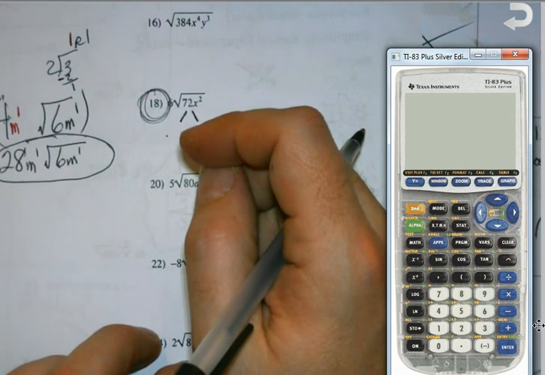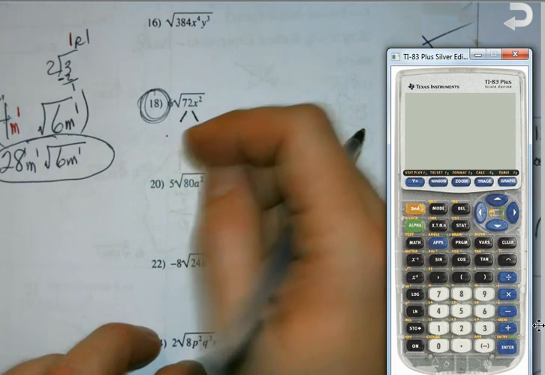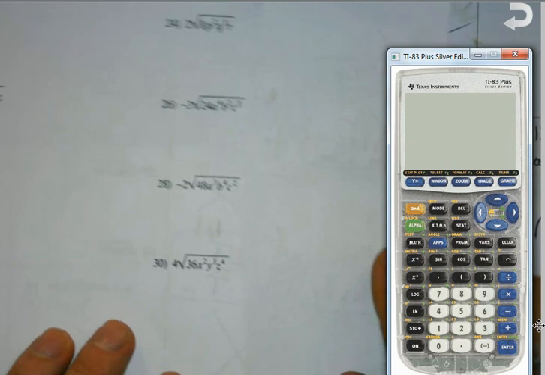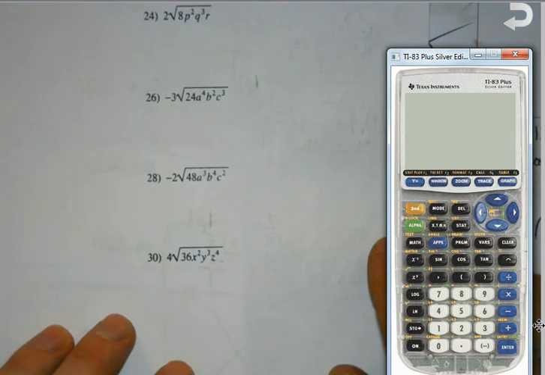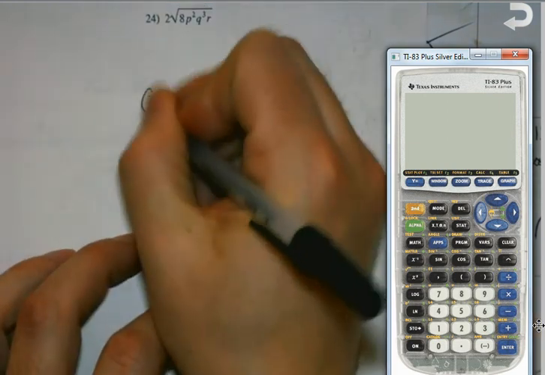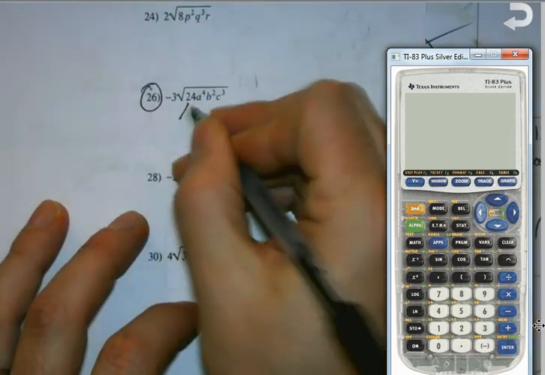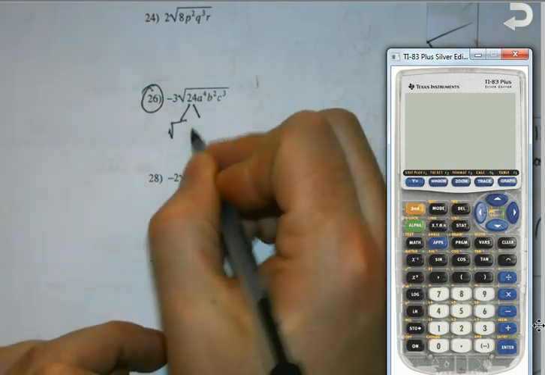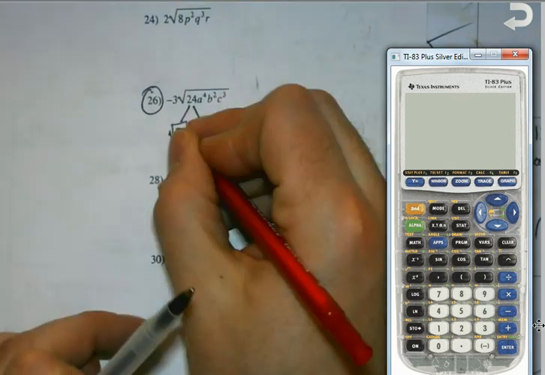Which is the most difficult one there is? 26. Okay, that looks pretty nasty. Just pick one. Let's do eeny, meeny, miny. All right, it always works. 24. What are we doing? 4 and 6. Okay.